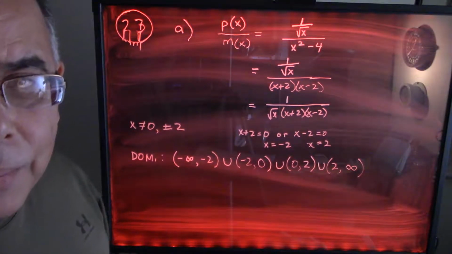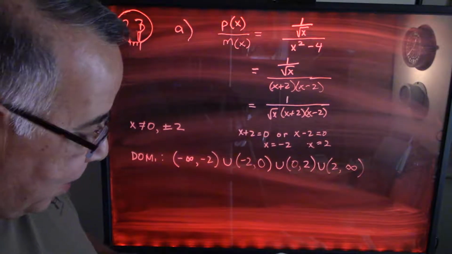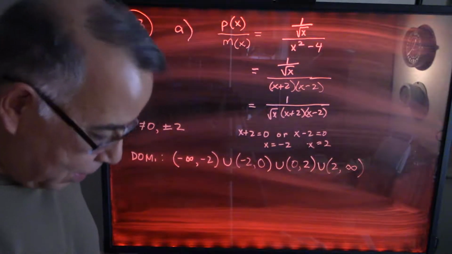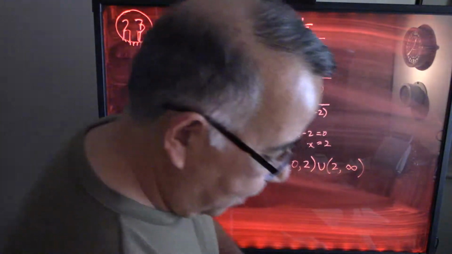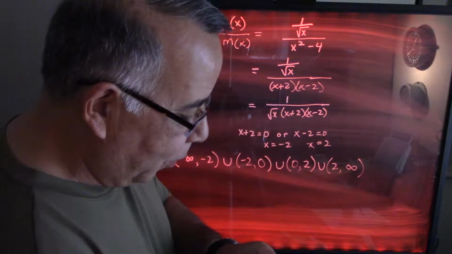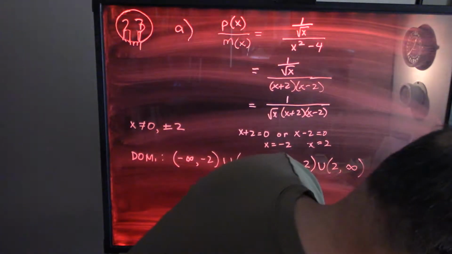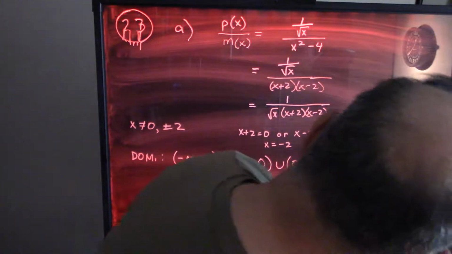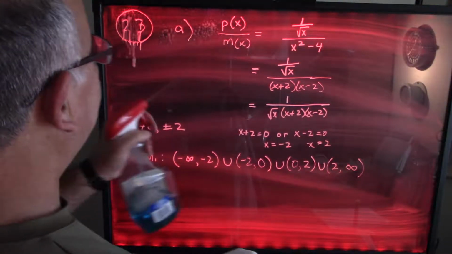Now, part B, I'm going to need more space, so I'm going to go at very high speed, like the Flash, and erase this part. I think I'll redraw that number too.